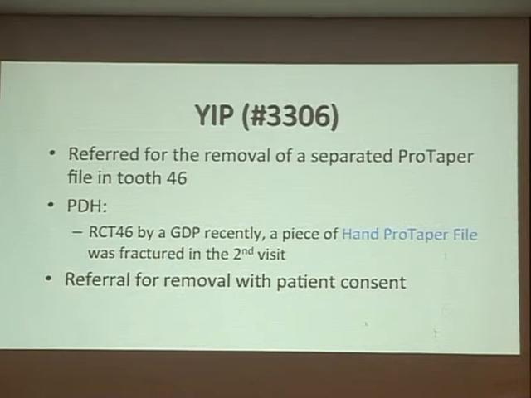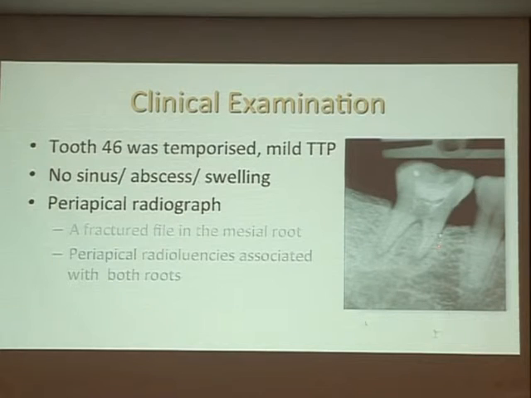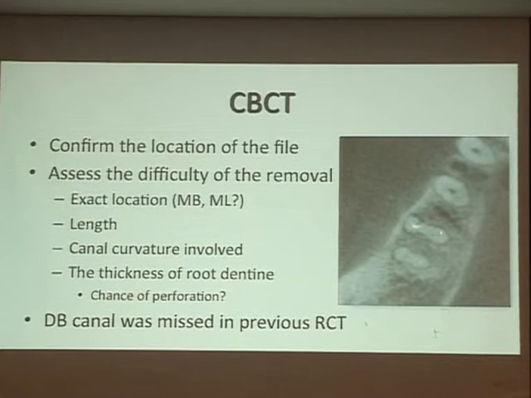Another case, I was referred to remove a separated instrument. It's a separated instrument with taper again in the mesial root. So I take a cone beam, and I can tell that it's in the mesiobuccal. So I don't need to search. I know it's in the mesiobuccal, so I can go directly to remove it. And I tell the dentist that you missed one of the canals, because they told me there were 3 canals in this molar.